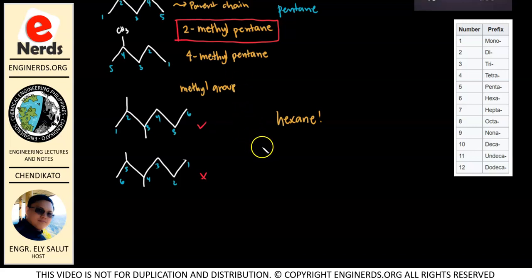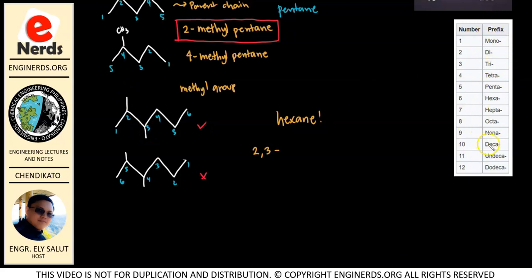We need to write the location of our methyl. Our first methyl is on location 2, and the other methyl is on location 3. In order to separate the locations, we will be using a comma, so we have 2,3. Now we have identified the locations of our methyl. Both of these are methyl, so we will use our number prefixes.